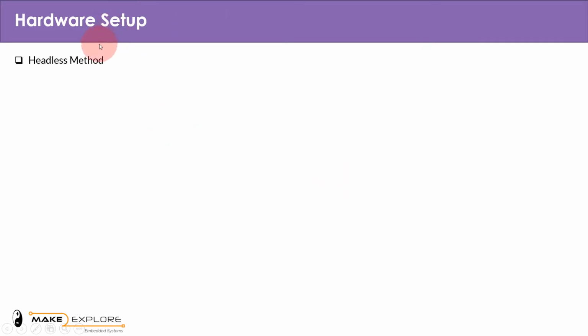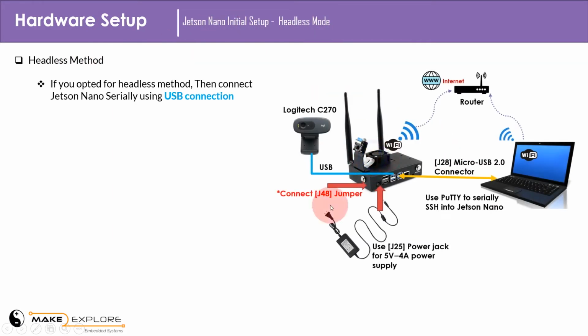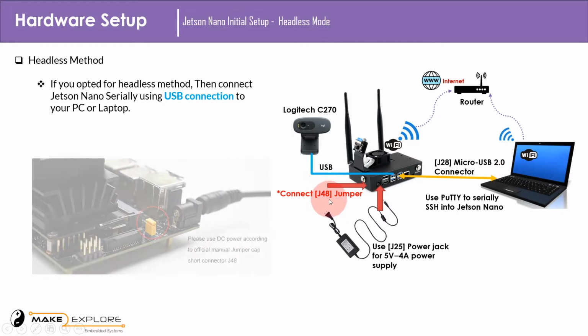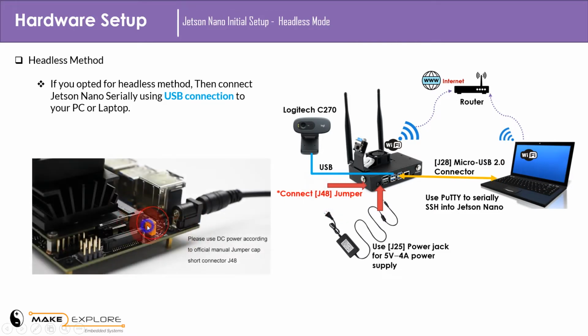Okay then, in headless mode of operation, you have to assemble the hardware as shown in the figure. In this setup, Jetson Nano is powered from the J25 power jack, since we require the micro USB port to access the console for initial setup. Here, first connect this J48 jumper.